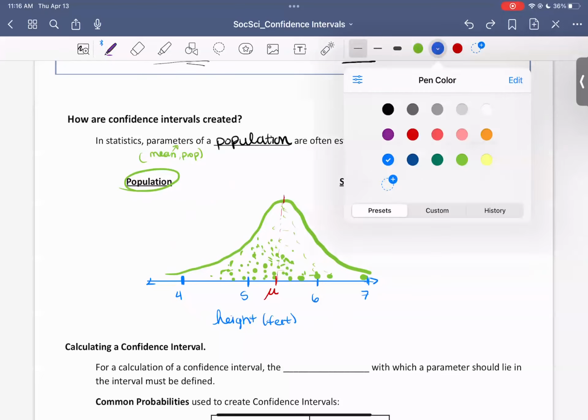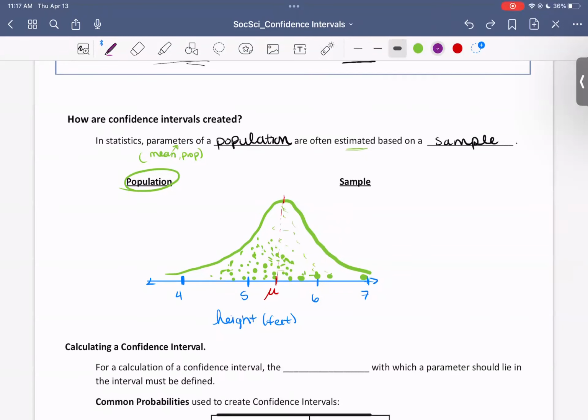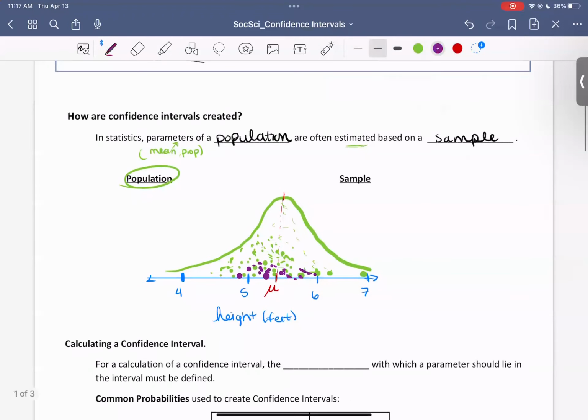Well, what we do is we take a sample. So, I just take some of these people's data. Sample. And so we don't collect data on everyone, just a subset of the entire population. And with that, we're going to get a different distribution. Maybe our distribution looks like this instead. So maybe it'll be slightly smaller because we're going to use fewer people. And so we're down here.